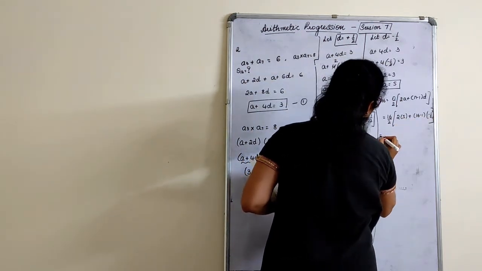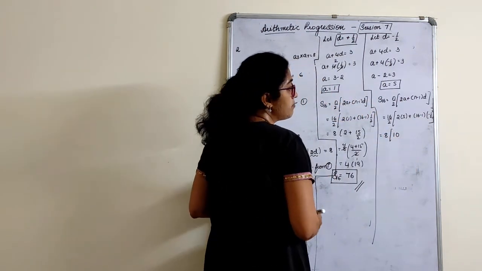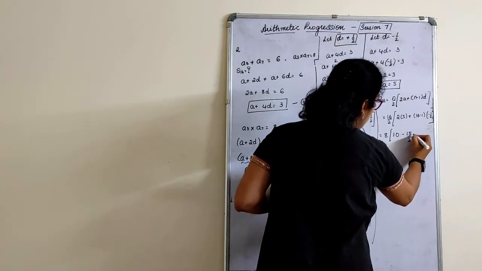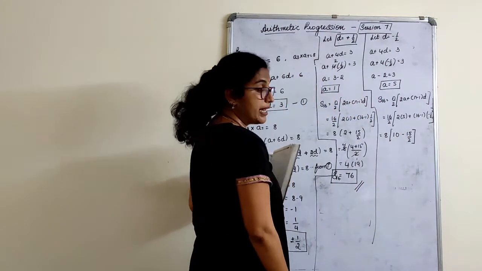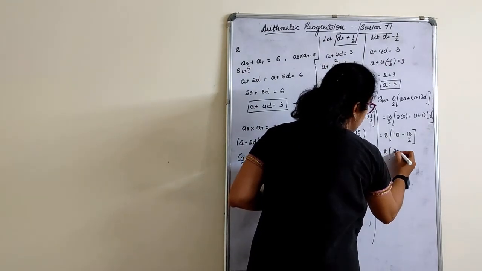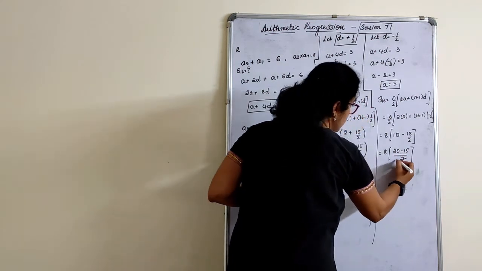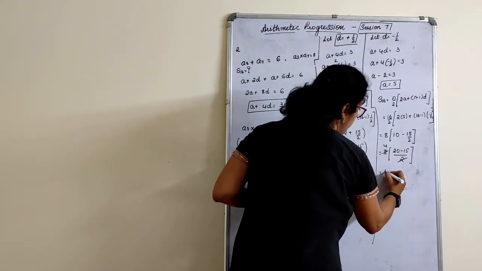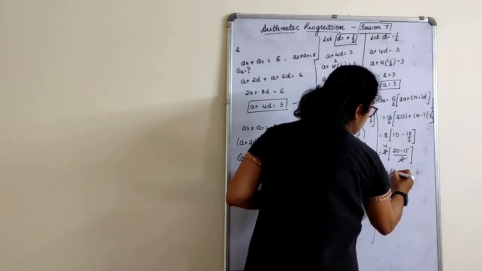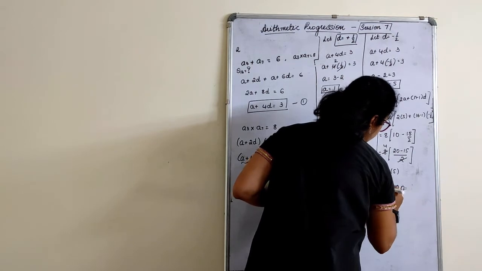Bracket closed. 8, 2 5s are 10. 16 minus 1, 15, minus 15 by 2. Right? I have taken minus there. Take LCM. 8, 20 minus 15 by 2. Now you can cancel. 2 ones are 2, 2 fours are. 4 into 20 minus 15 is 5. S16 is equal to 20.